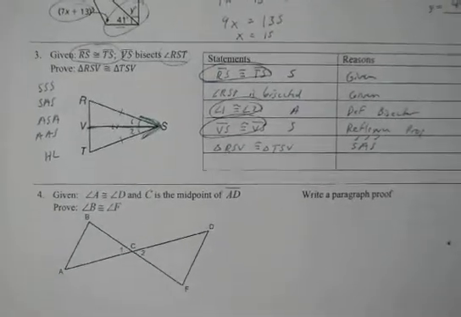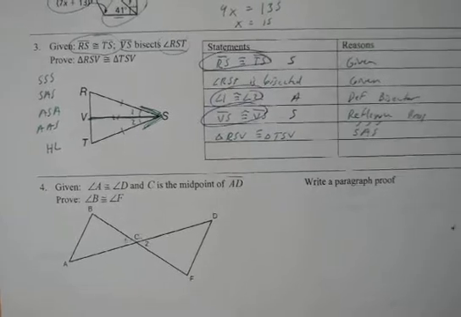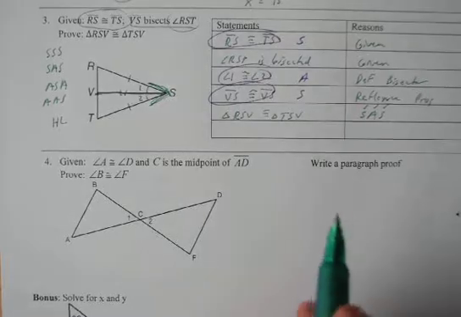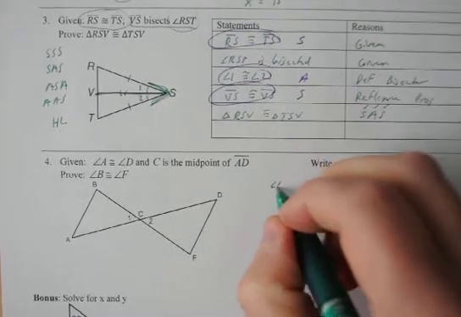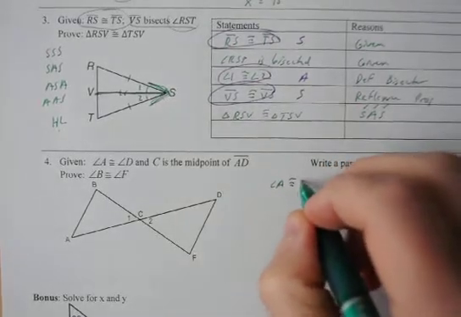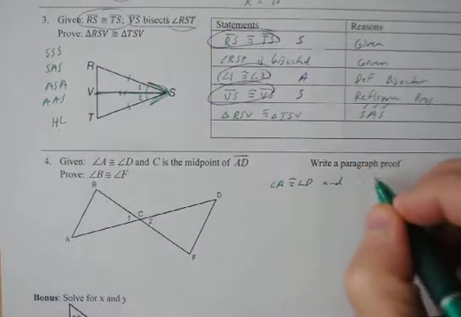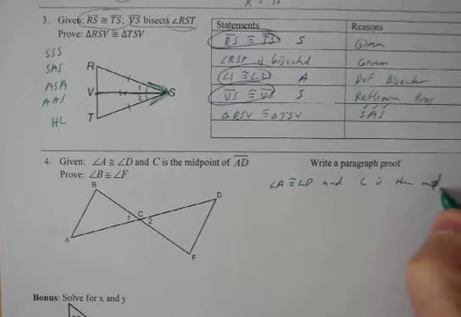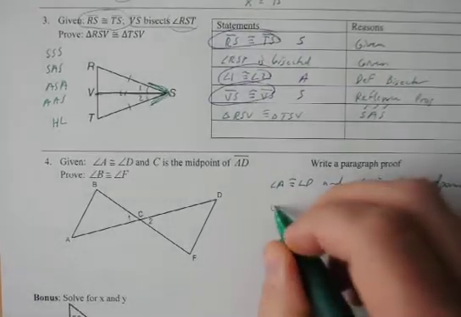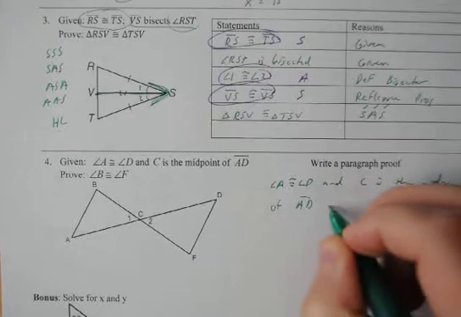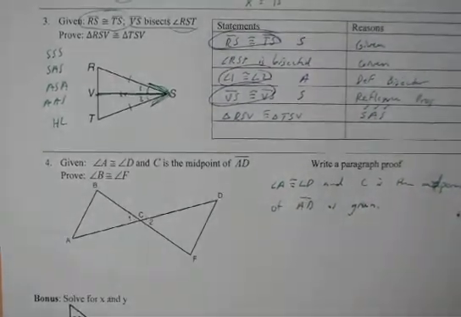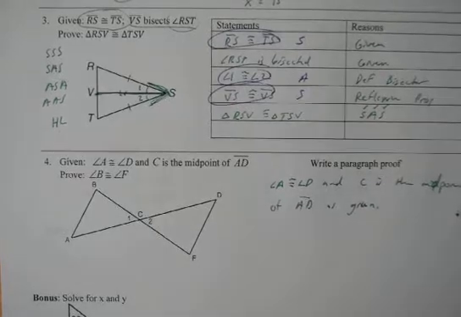Okay. Number 4. It says write a paragraph proof. So here we are. It says A is congruent to D. So I'm just going to write that. Angle A is congruent to angle D, and C is the midpoint of AD, as given. So what does that do for us?